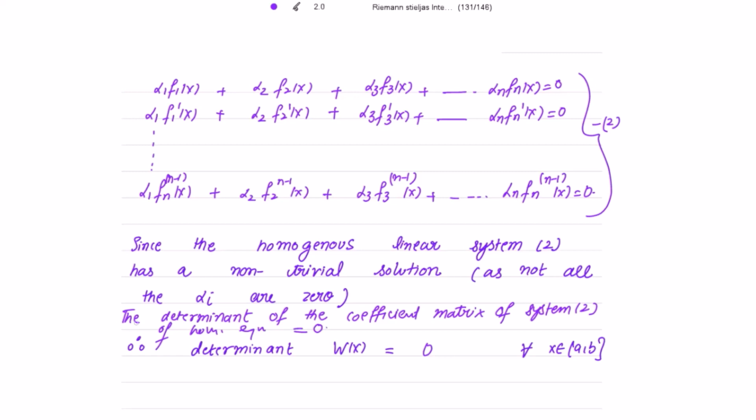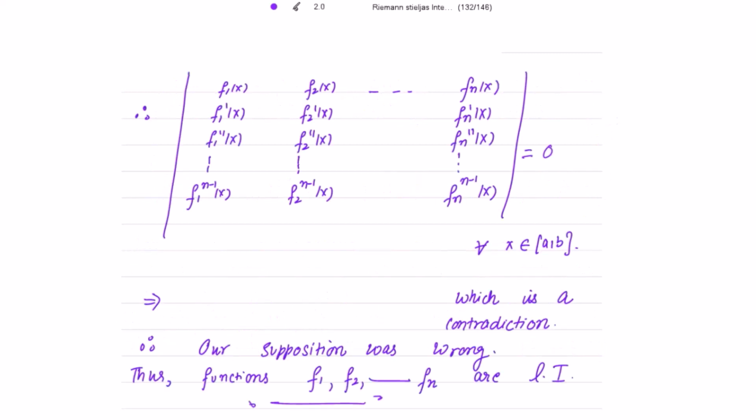This determinant of the coefficient matrix is nothing but the Wronskian. The definition of the Wronskian and the determinant of the coefficient matrix of those systems of equations are one and the same thing.